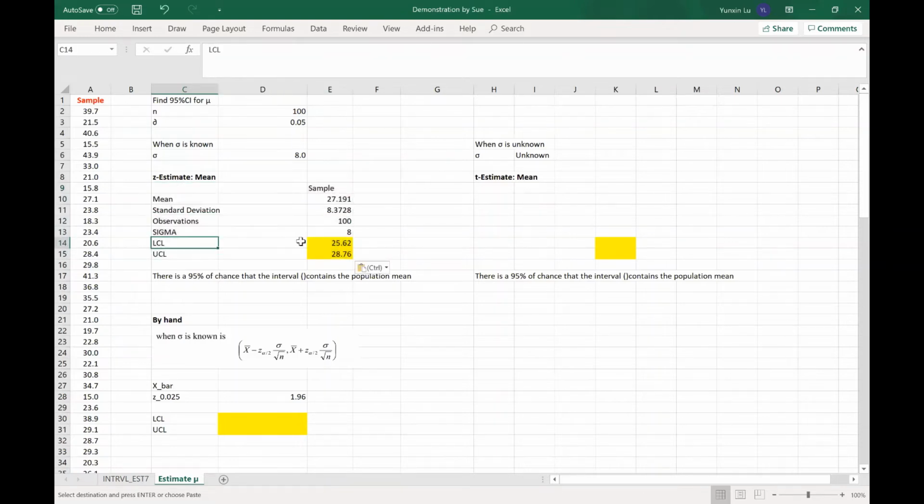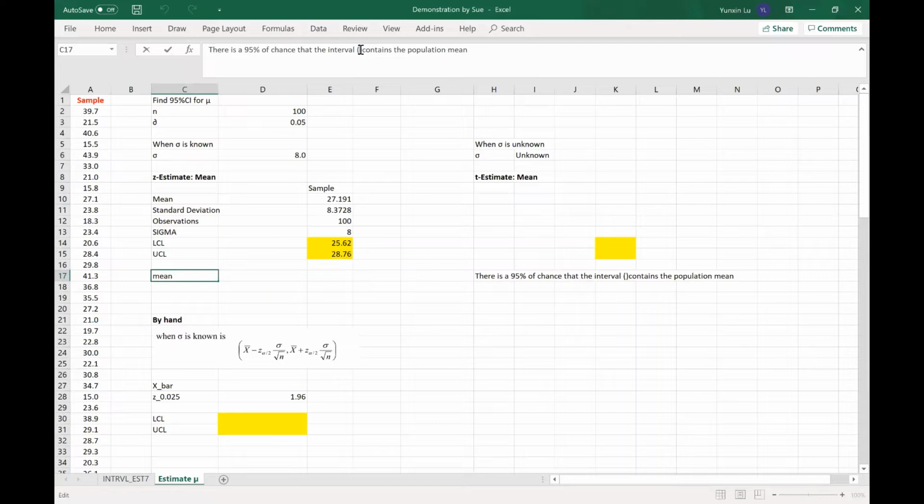What we need to pay attention to is this one. We often keep 2 decimals, so we need to round to 2 decimals. And the interpretation is there is a 95% chance that the interval contains the population mean. I will enter the number.